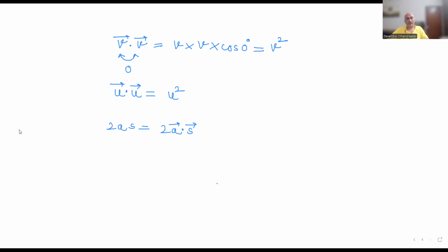No, they are in one dimension, so they will be along the same line, right? They may be along the same direction, or they may be opposite to each other. It can be the case that the displacement is along the forward direction, but the acceleration is in the backward direction, or the acceleration is in the forward direction.